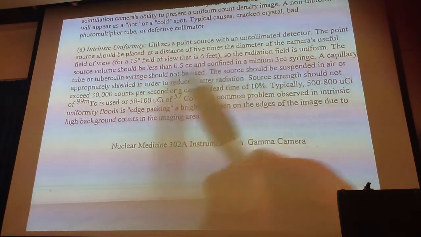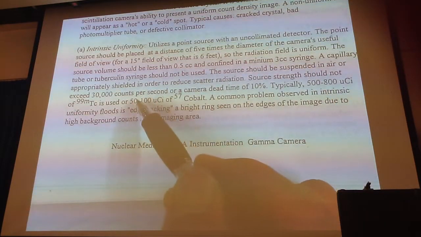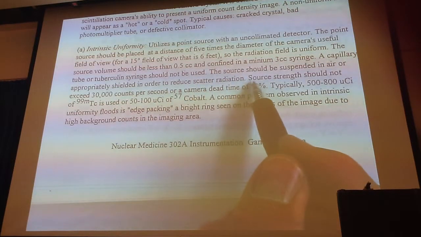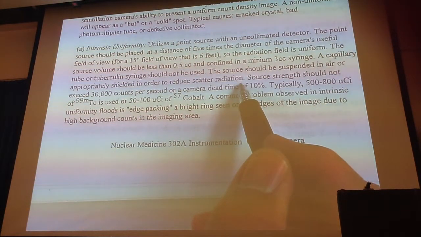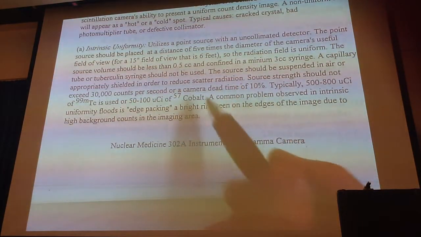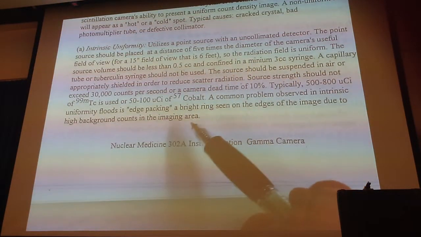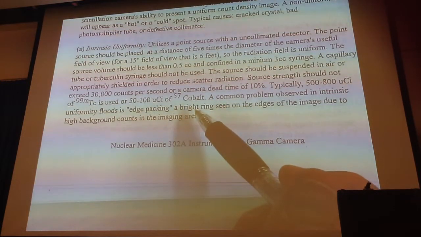The other thing I put down here, the source should be suspended in the air or appropriately shielded in order to reduce scatter radiation. In other words, how many of your people put this on the floor? They have the camera on top and they put the source of radiation on the floor. That's a big no-no, because the radiation that hits the floor and bounces back up into your detector, especially on an intrinsic flood like that, is going to give you very poor uniformity.